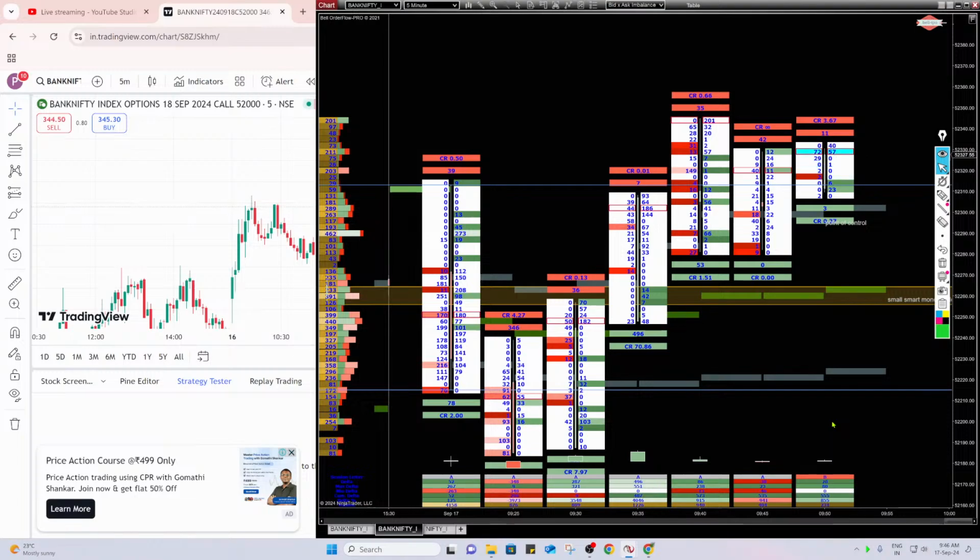Keep watching. If there is a break of today's high of 52,340, there will be 100 point upside or 150 point upside from there. We will get into position if it reaches that point on the call side.